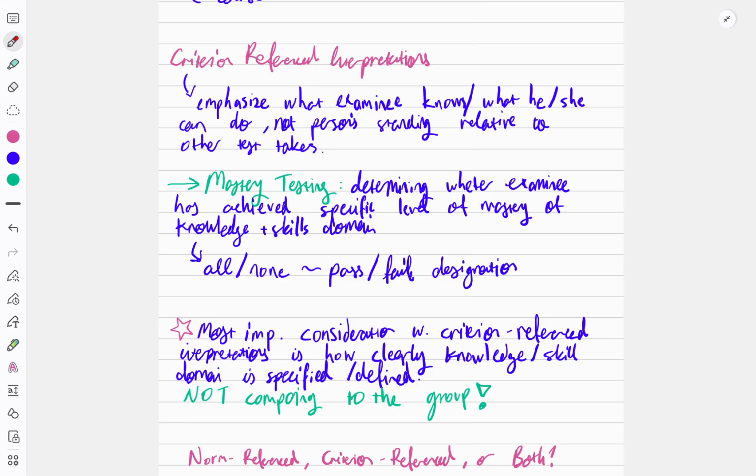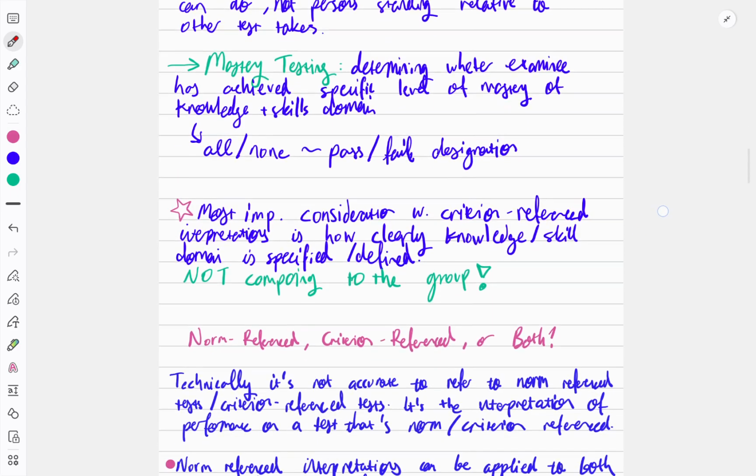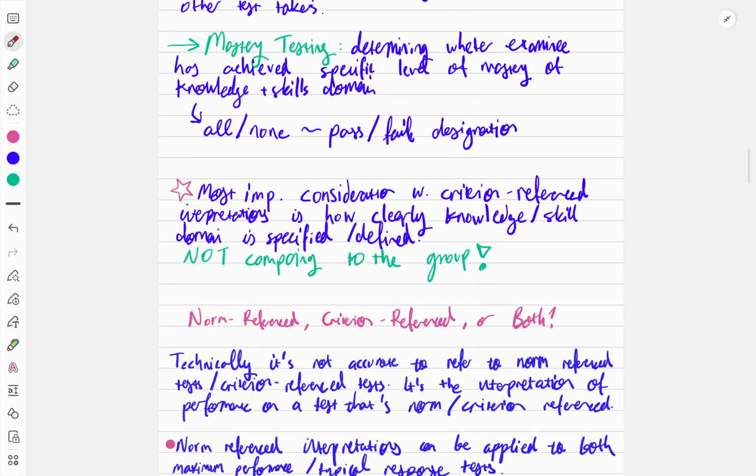It's an all versus none, pass versus fail designation. The most important consideration with criterion reference interpretation is how clearly the knowledge or skill domain is specified or defined, not comparing to the group. Like, how much knowledge should a person have when they're getting a driving license? How much is enough is what is important.